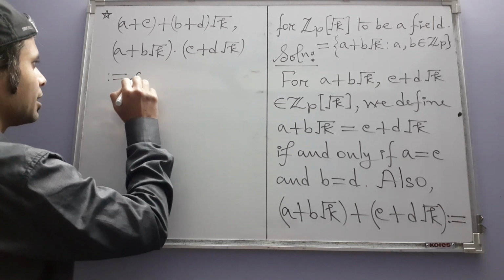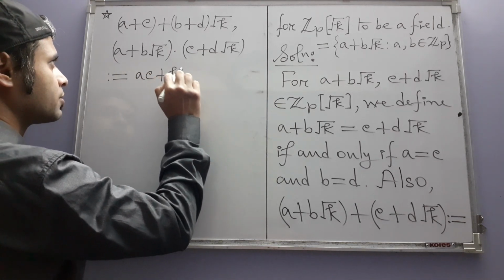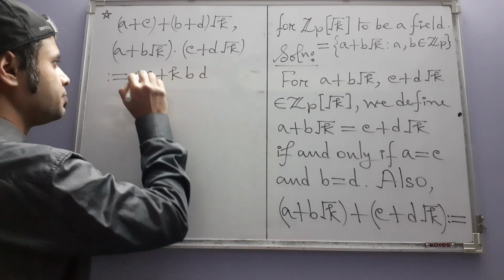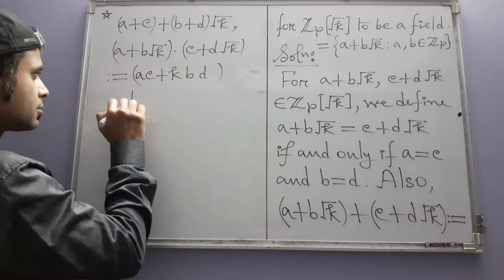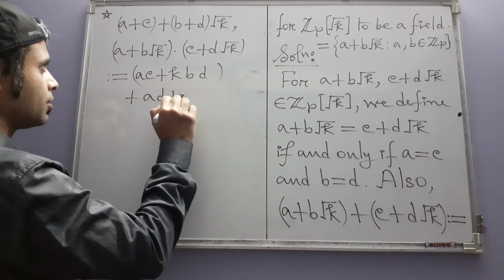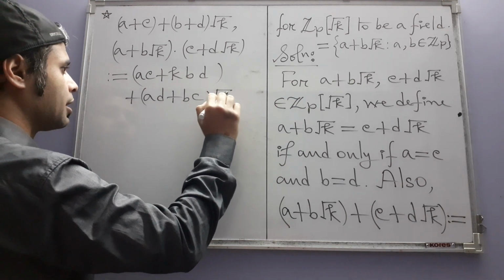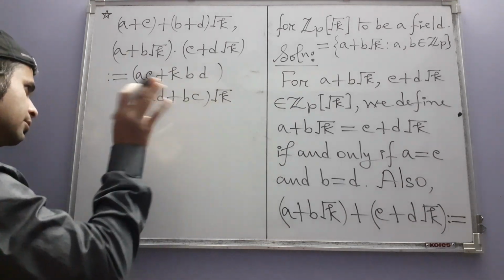So you want this to be ac plus kbd plus (ad plus bc) root k. Since we want this, we have defined it to be just this.